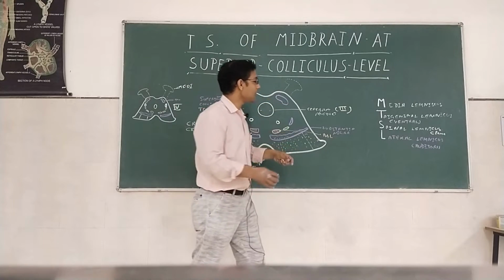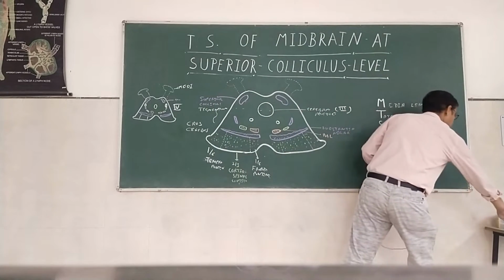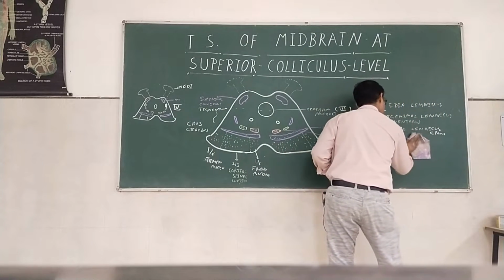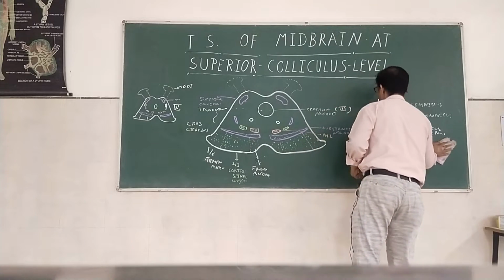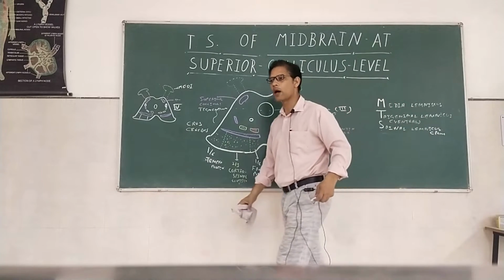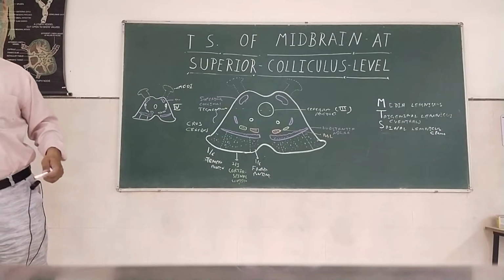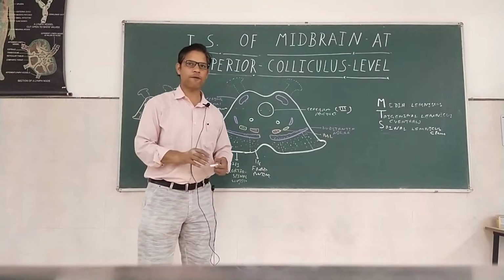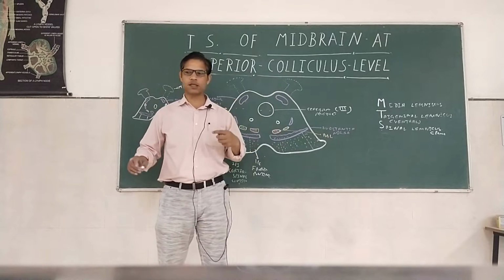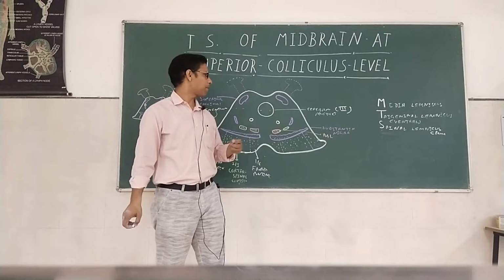Now the MTSL is converted into MTS. The lateral lemniscus is over at the superior colliculus level. That's the first difference. The lateral lemniscus is lapsing.